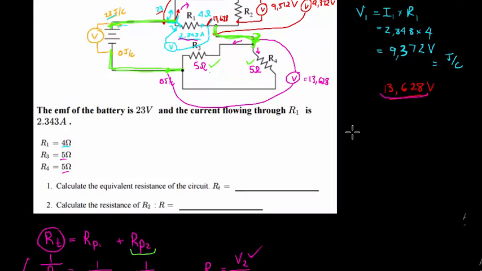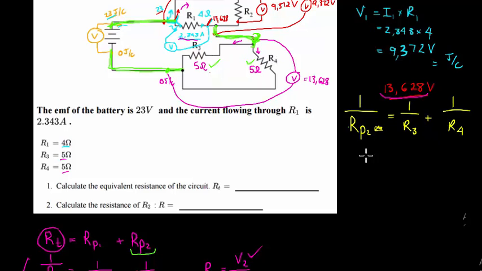And now to get the resistance in there, I'll take the resistance of the parallel group 2, and because it's parallel, I must take the 1 over. So 1 over resistor 3 plus 1 over resistor 4.